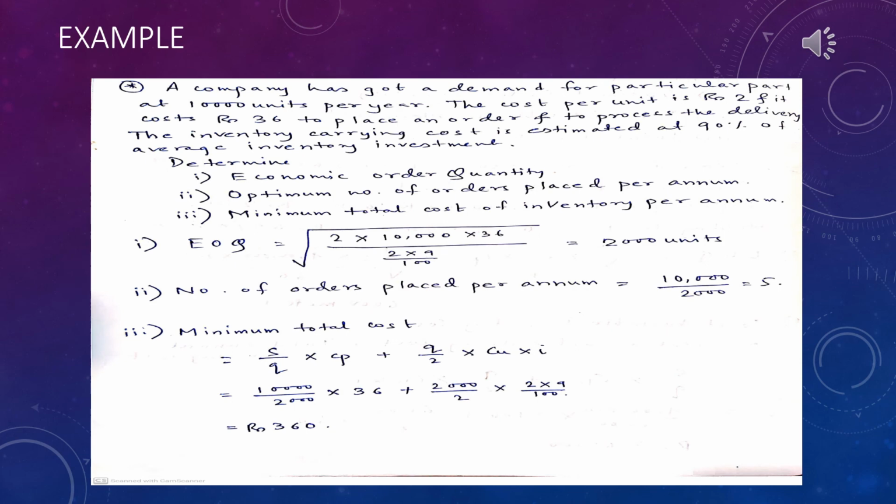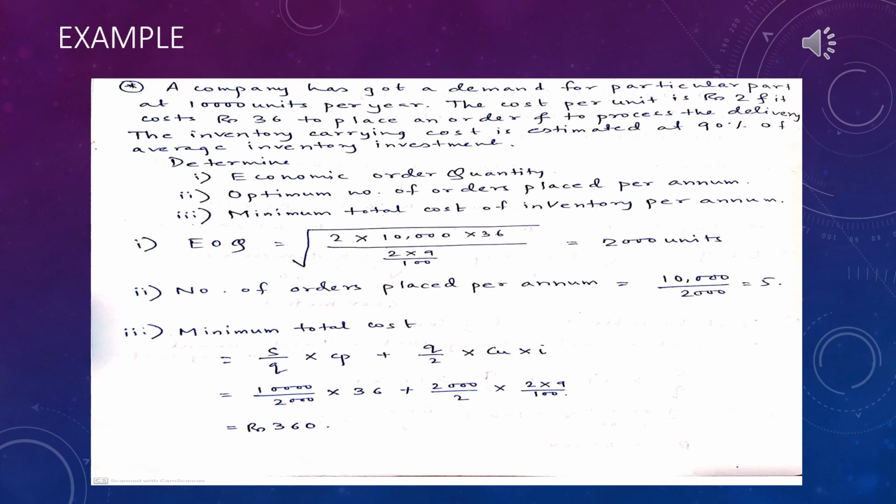The last example of this economic ordering quantity, let's see what the example has given us. The organization has a demand for a particular part of an item at 10,000 units per year. The cost per unit is rupees 2, and to place an order and proceed with the delivery costs the organization rupees 36.